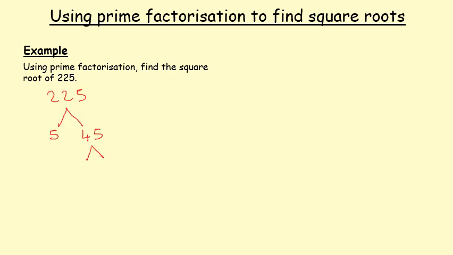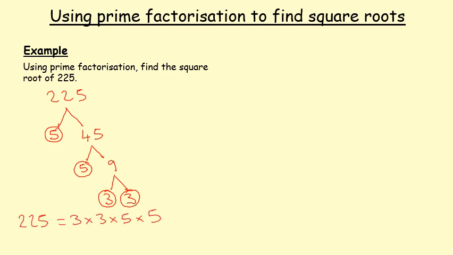So we can break 225 down into 5 times 45. 5 is a prime factor, so we'll circle it, and then we'll break 45 down further because it's not a prime number. So 5 times 9 is 45, 5 is a prime number, 9 is not, so we need to break that down again. And finally we end up with 3 times 3 at the bottom to create 9, and then we'll write that as a product of its primes. So it will look like this as a product of primes. 225 equals 3 times 3 times 5 times 5.